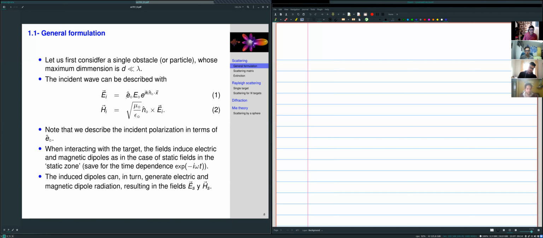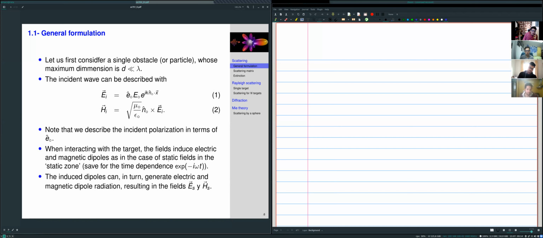We spent a lot of time, too much time perhaps, discussing this aspect. This particular vector is a way to write the polarization of the incident wave. Remember that in the case of complex E0, we could describe a circular polarized wave.